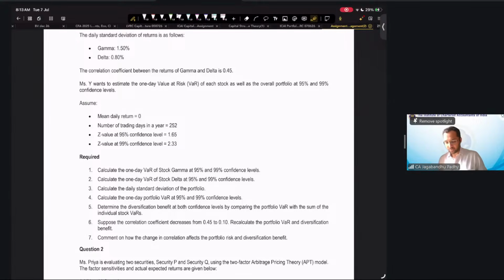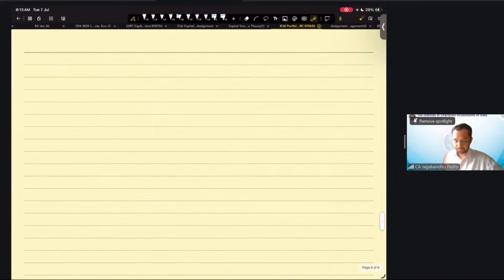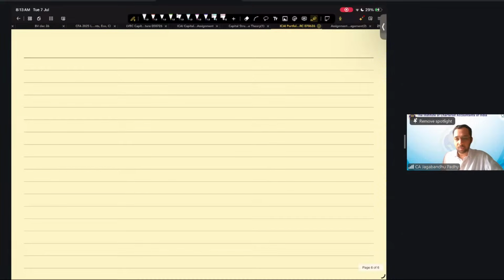So let's do it one by one. First up, we have the portfolio value of 40 lakh, right? And we have the investment in Gamma and Delta given as 70% and 30%.